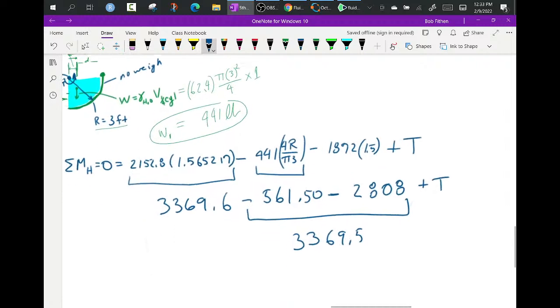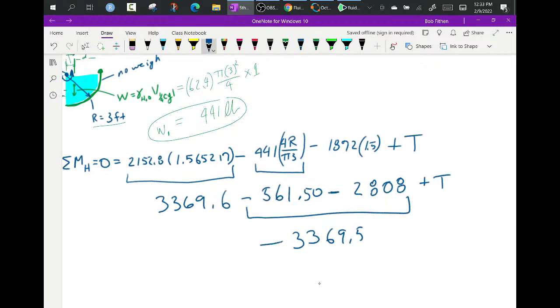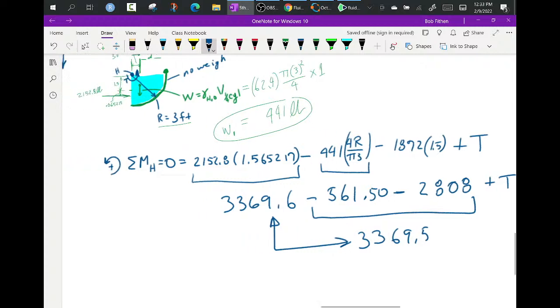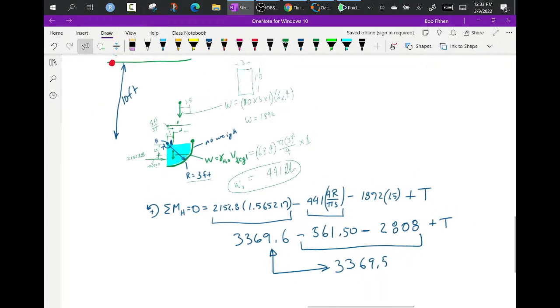Now, technically, if I would have carried all my digits, those would have exactly equaled. And so there is no torque required to have a spillway like that, or to have a curved gate like that. And why is that?